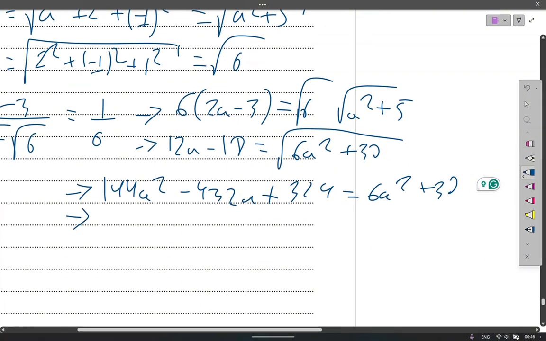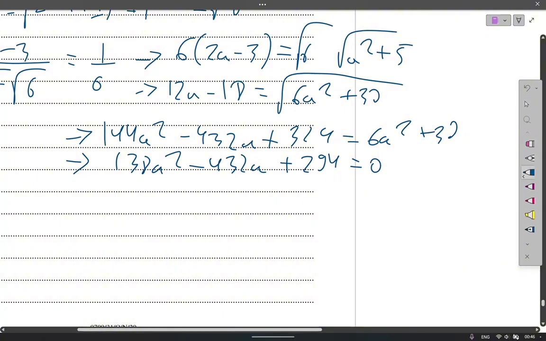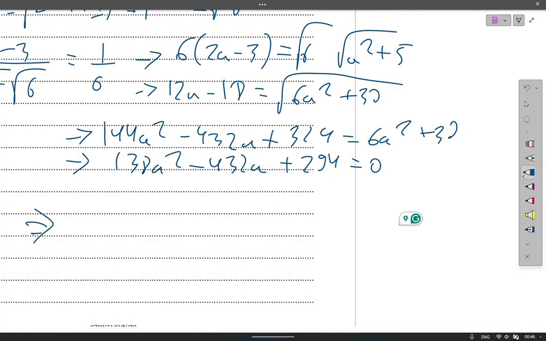Yay. Now it's actually just this. If we collect the terms, it's just this. And now you can just solve it as a quadratic equation. And if you solve it, a equals 1, and the other one is a equals 49/23.